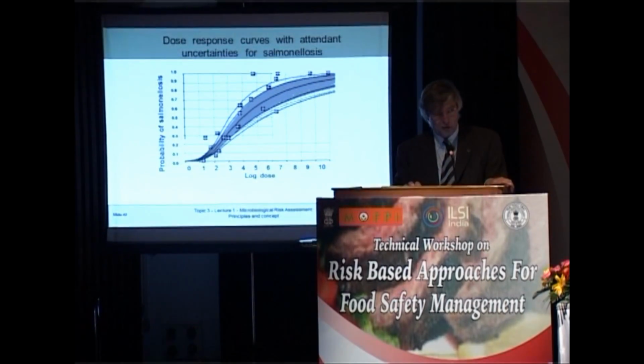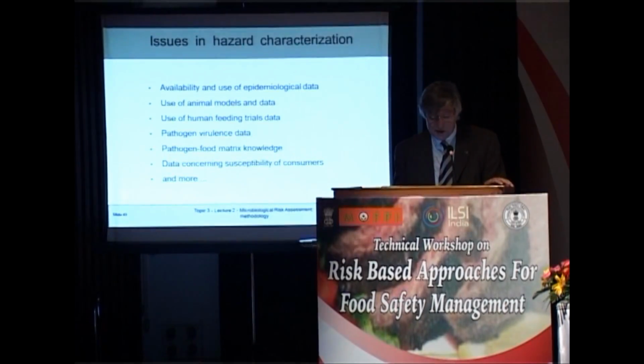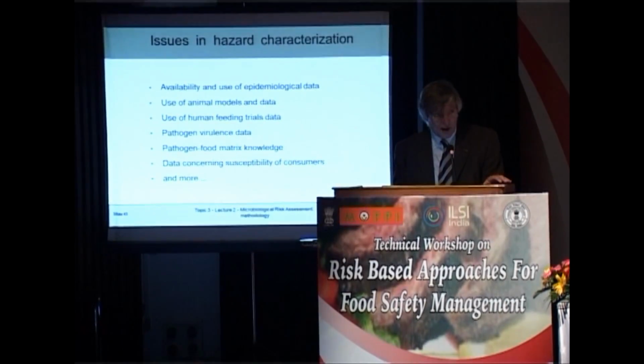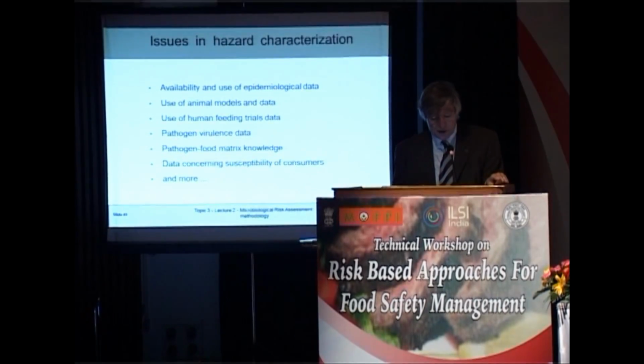It's not easy then to calculate a defined number at the end of a risk assessment. So there are many issues in risk characterization. It's very labor-intensive and data-hungry, but we often don't have the right epidemiology data. We sometimes also use surrogates, animals that relate badly to impacts in humans.